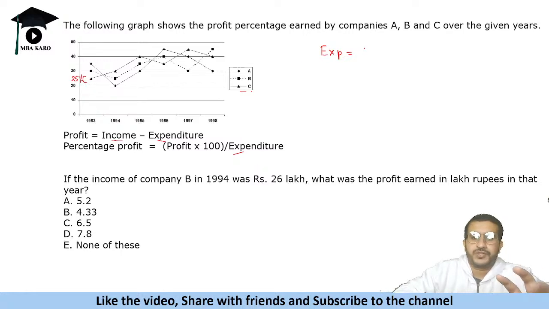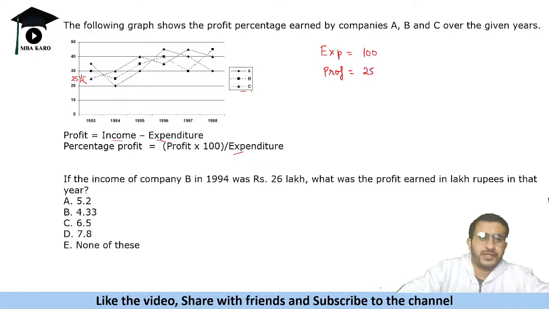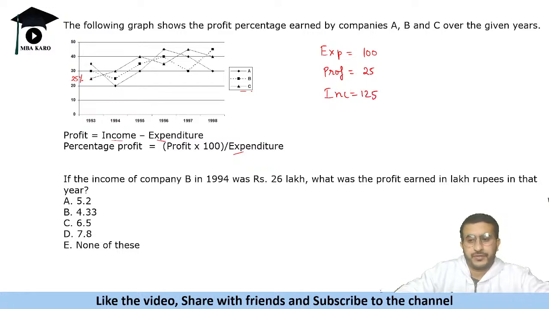Okay, so suppose expenditure is 100, so profit will be 25 because 25% here. Okay, C का 25% है. Now profit is 25, so profit is income minus expenditure, so income is 125. Okay, so basically क्या करना है आपको, 100 में ये वैल्यू ऐड करनी, you will get the income for that year.